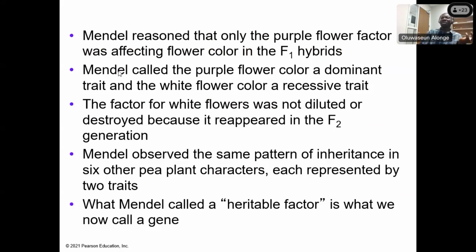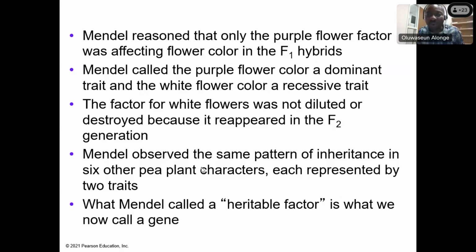Mendel then called the purple flower color a dominant trait. Why? Because that's what is determining the color. When both of them are present, this white is silenced. So it means the purple is the dominant, and then they call the white the recessive. The one that is usually pronounced is the dominant, and the one that is quiet, that is silenced, that is masked, we call the recessive.